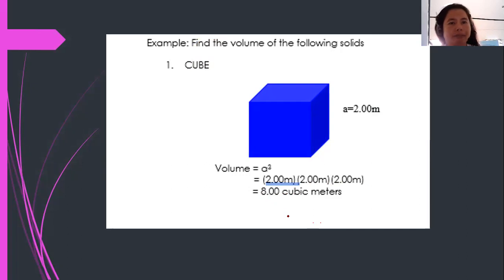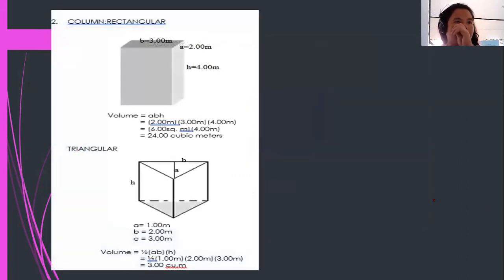Next, the rectangular prism. For the rectangular prism, we have the length, the width, and the height. The length is 3 meters, the width is 2 meters, and the height is 4 meters.